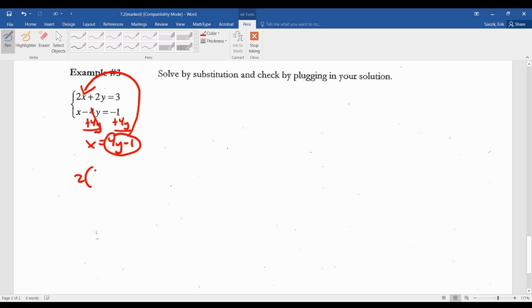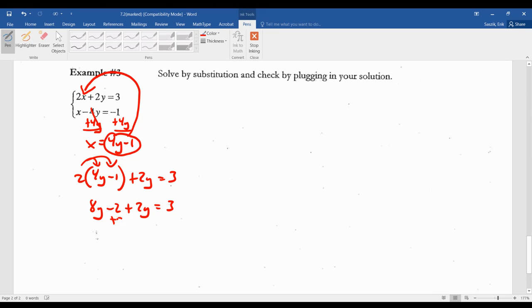But now instead of 2 times x, notice how I have to introduce parentheses because I have to multiply by this binomial 4y minus 1. Don't forget about this plus 2y. It's still there. Now, of course, you guys all know we're going to distribute: 8y minus 2 plus 2y equals 3.